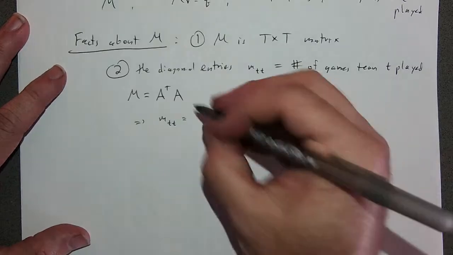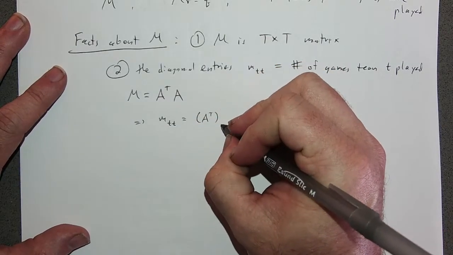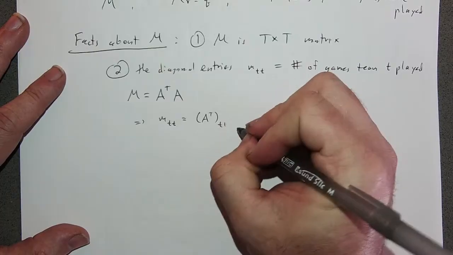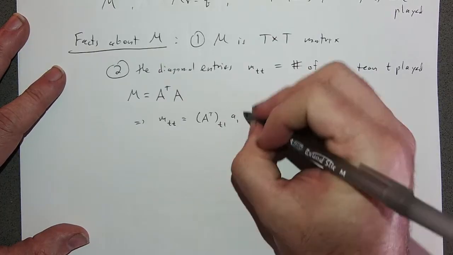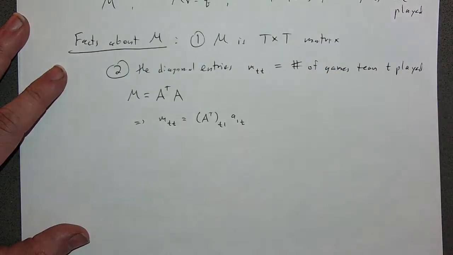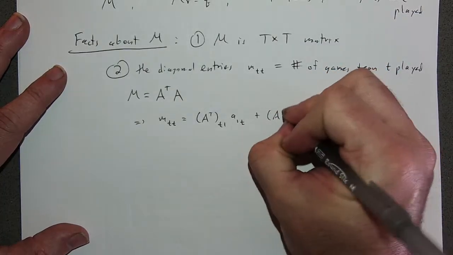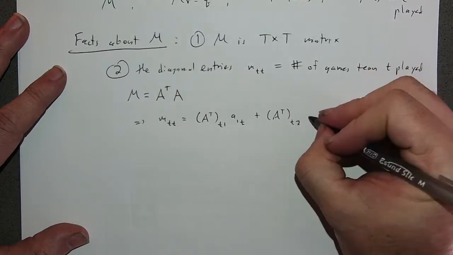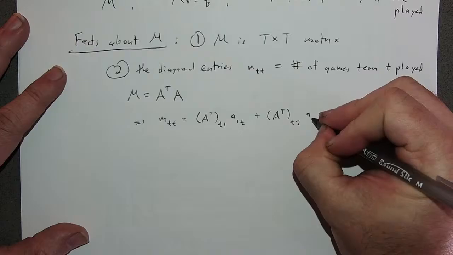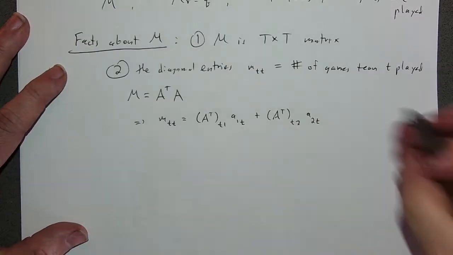It's a sum of the entry of A transpose in the tth row and first column times the entry of A in the first row tth column, plus the entry of A transpose in the tth row second column times the entry of A in the second row tth column, and so on.